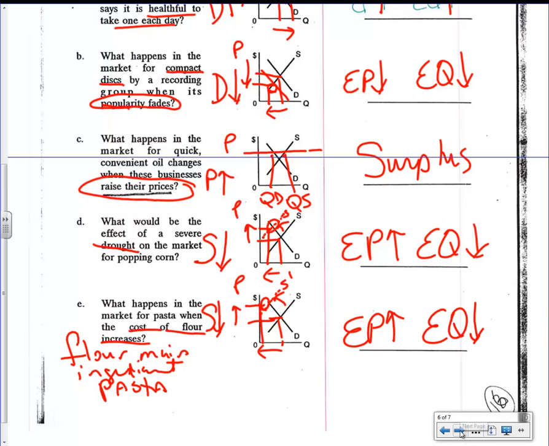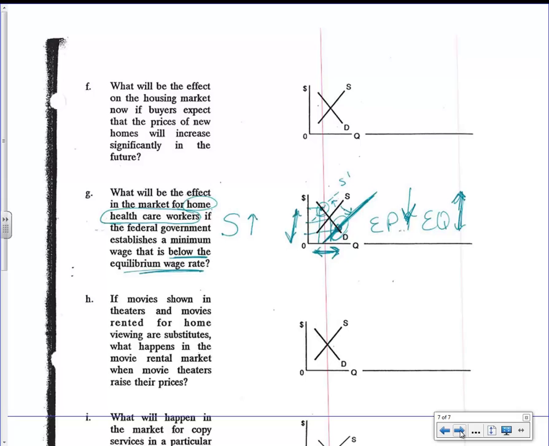All right, let's go to the next page. It says, what will be the effect on the housing market now if buyers expect prices of new homes will increase in the future? You're going to buy it today. If you expect it to go up $10,000 more in the future, you're going to buy today.